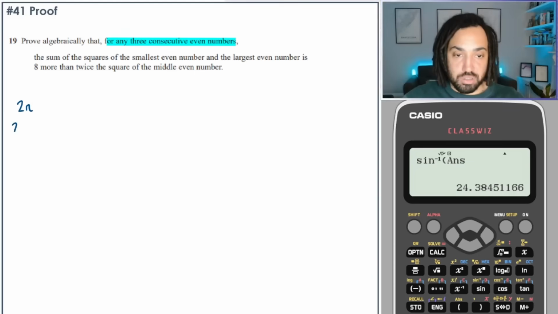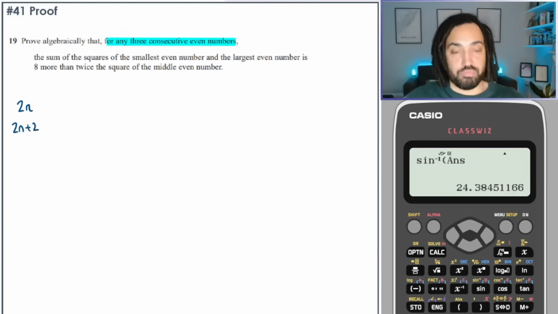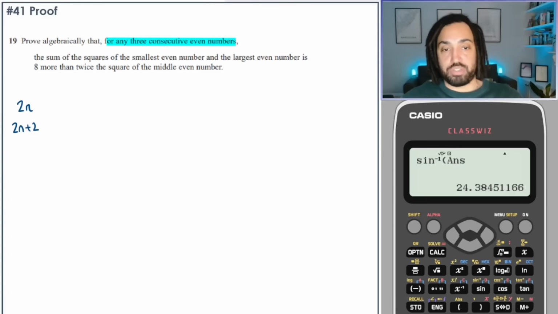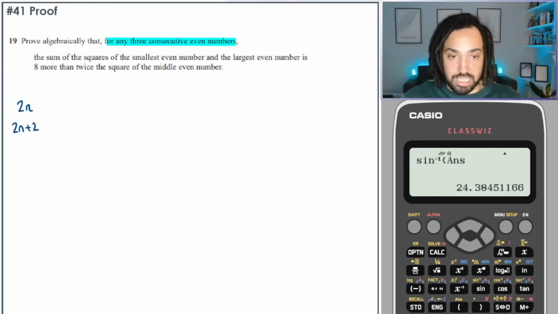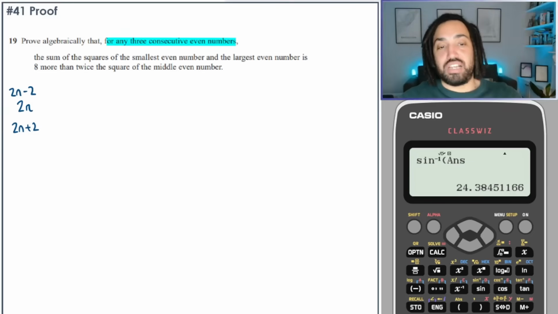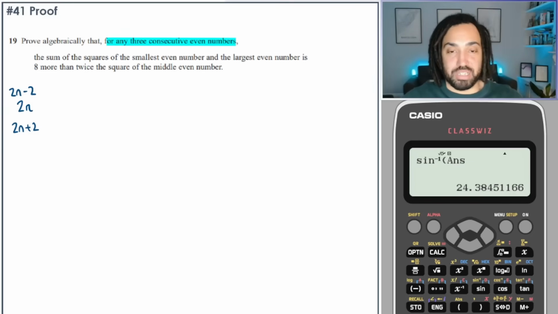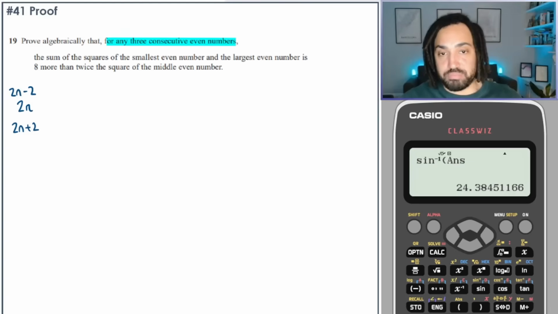And then the next one along is 2n plus 2. Because if you add 1 then that'll make it odd, so that's not an even number. And then you could go 2n plus 4, but I've learned that it's actually easier if you go 2n minus 2. So the one prior to that just tends to cancel out a bit nicer, but either's fine.